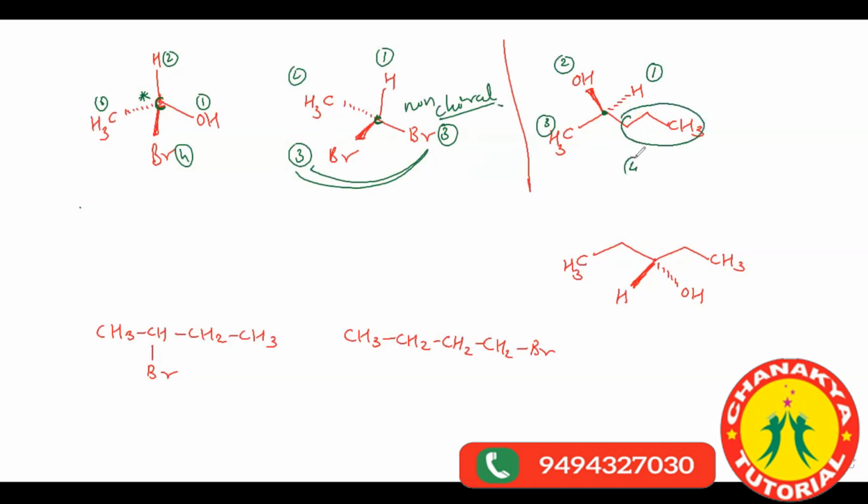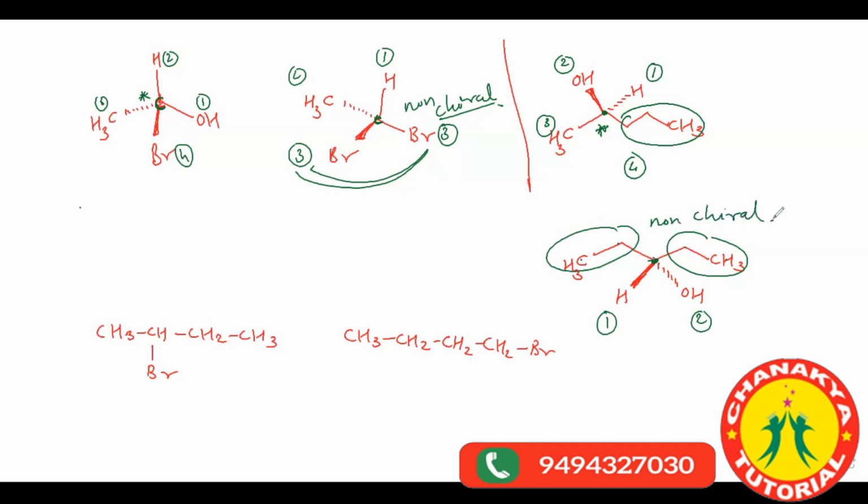So 4 different groups are attached to this, and hence it is chiral. But if you see this carbon atom, first different group, second different group, but this is attached to CH2, CH3, and this is also attached to CH2, CH3. So these two groups are identical and there are no 4 different groups, and hence non-chiral.